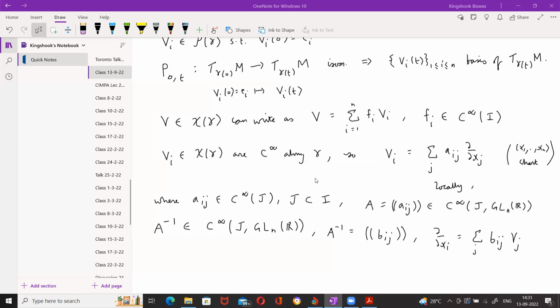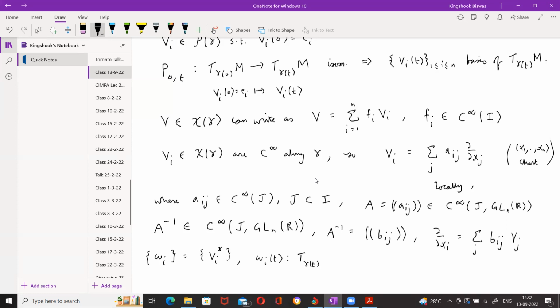Yeah. So basically you're saying that omega I is going to be VI star, right? Yes. So omega I of T is an element of the cotangent space.